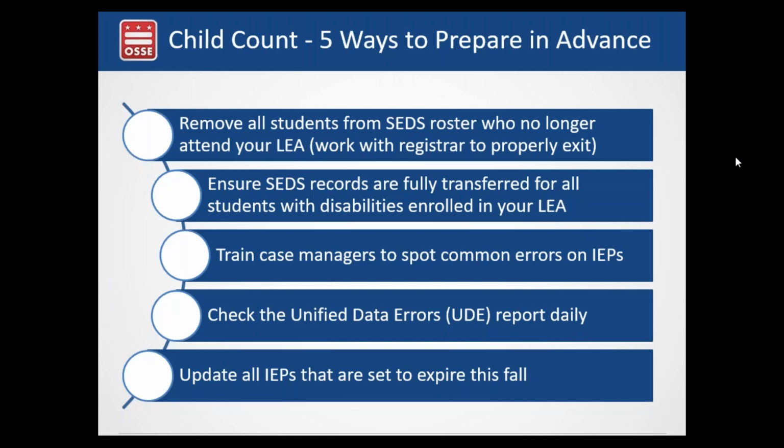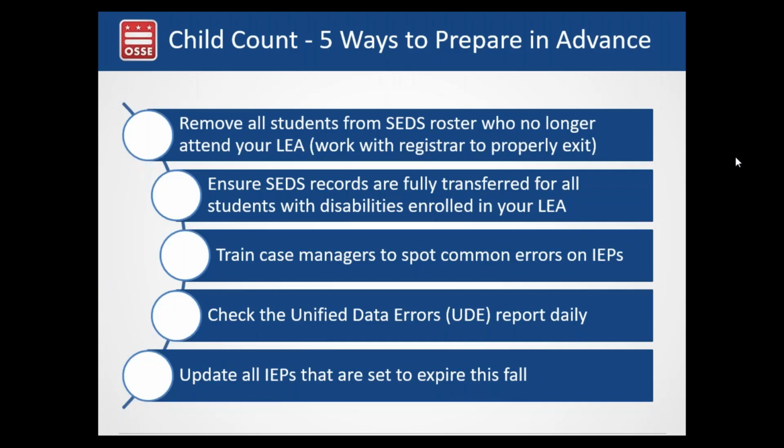Ensure that the SEDS records are fully transferred for all students with disabilities enrolled at your LEA. If you are looking in SEDS and you see student records that are showing up with a white check mark and you know the student has an IEP, I would suggest that you work with your JAR liaison to make sure that the records are fully transferred in SEDS so that you can see their current status in SEDS.